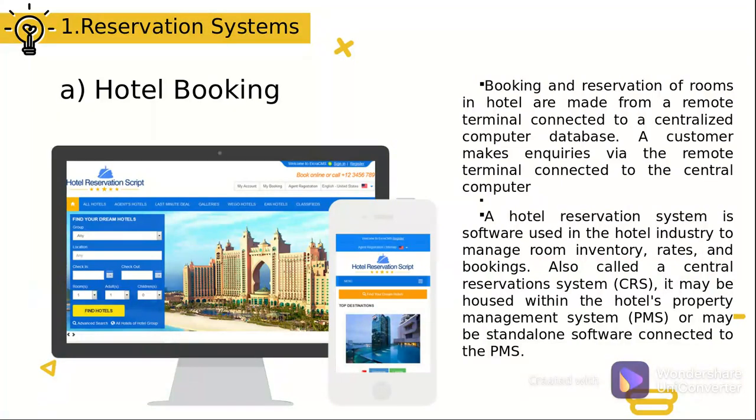On the side of the hotel, the reservation can enable a better management of guest experience during and as well as during the peak seasons. Reservation procedures vary depending on the size and type of hotel and the reservation system that has been used.